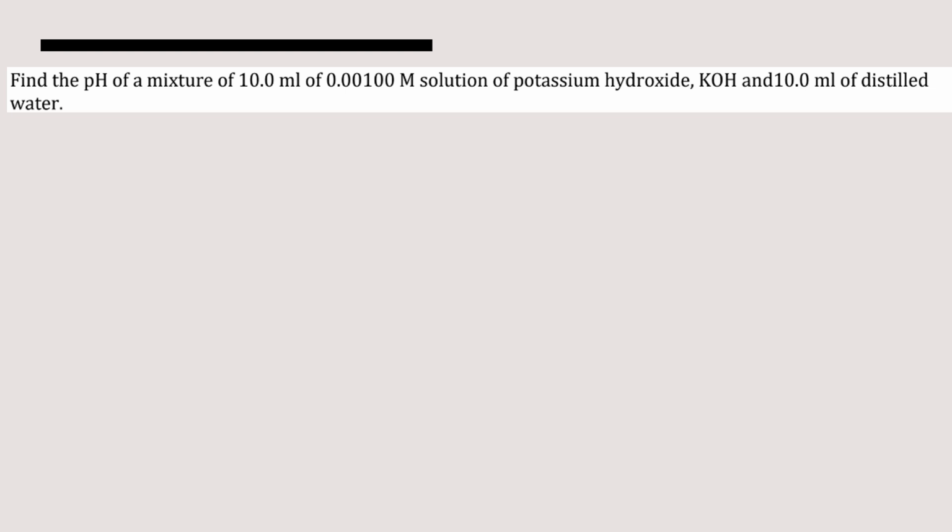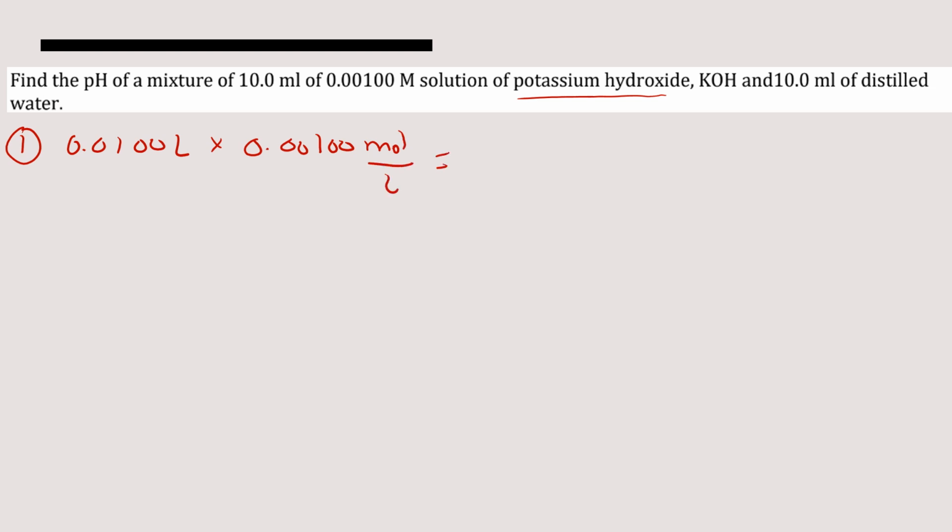So first, what we need to do is find the number of moles of potassium hydroxide that is in that particular solution. Just to be thorough, we have 0.0100 liters times 0.00100 moles per liter.